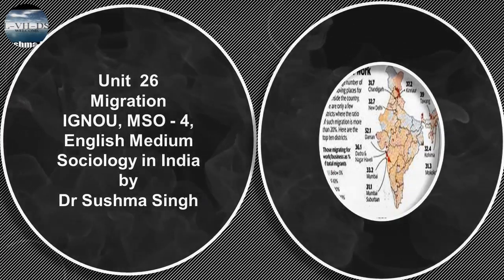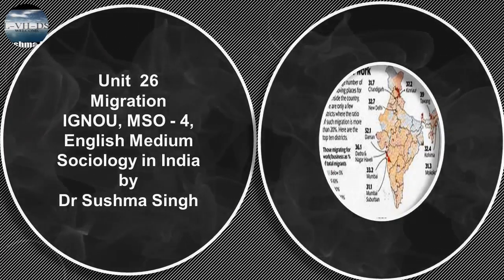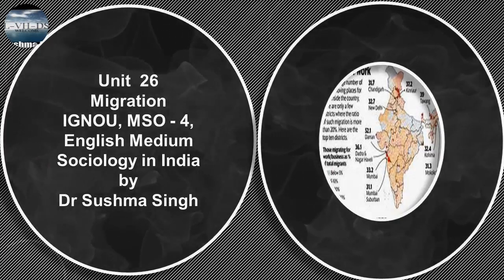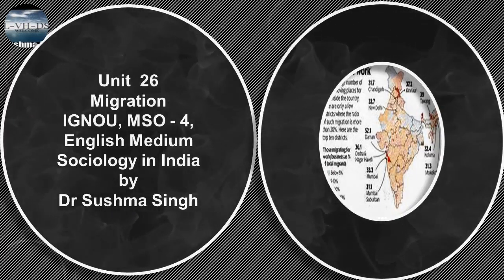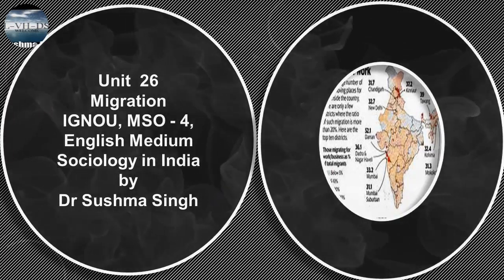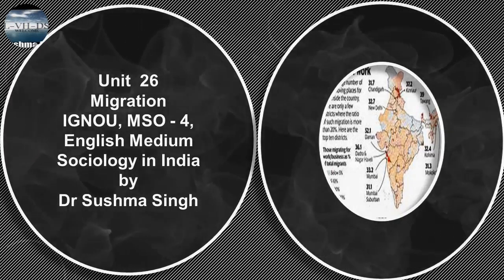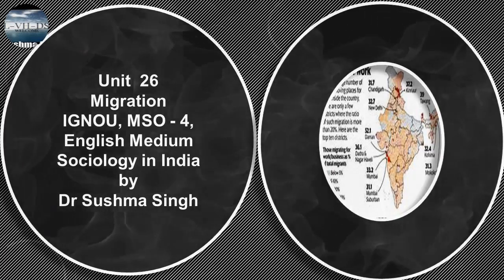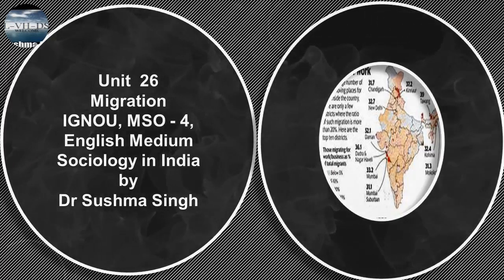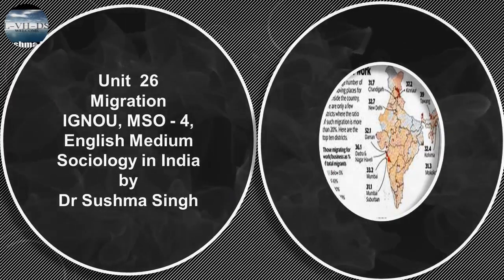In extraordinary situations, people are forced to migrate. For example, natural hazards such as floods, drought, forest fires, avalanches in mountainous areas and earthquakes force people to run away from their homes to safer places to save their lives.